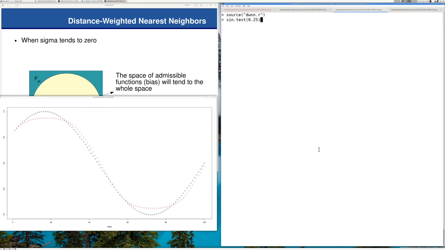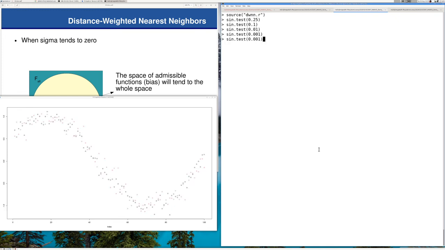Let's see what happens with my chart. Yeah, even better. You see that I've got a very nice result. What happens if I decrease even more my sigma? Take a look. Or maybe more, 0.01. Or maybe even more.